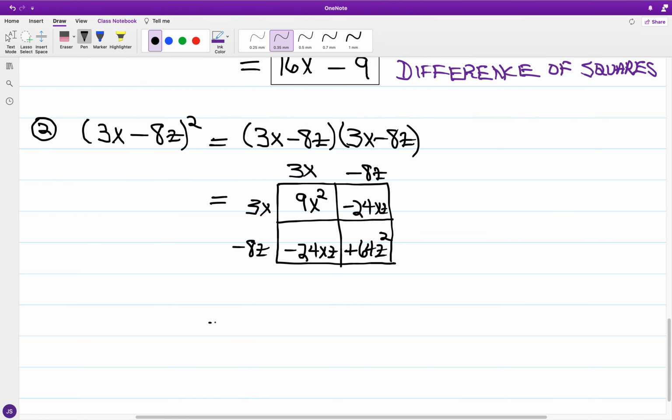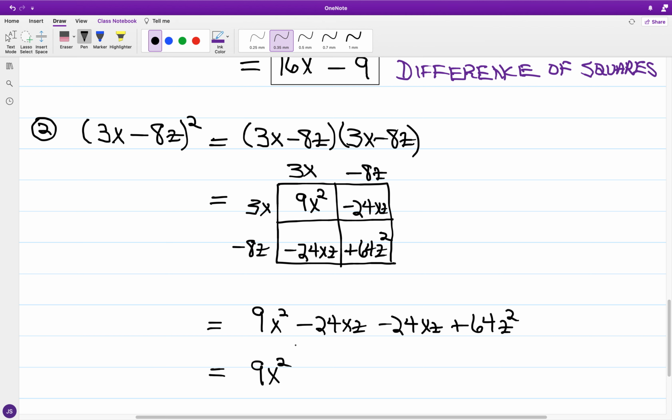And so just attaining the terms that we have among the inside boxes, you have 9x squared minus 24xz minus another 24xz plus 64z squared. Now for the output, we still have 9x squared.